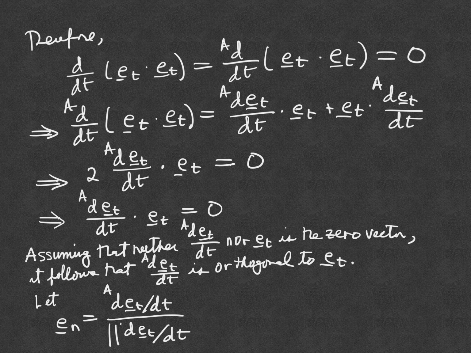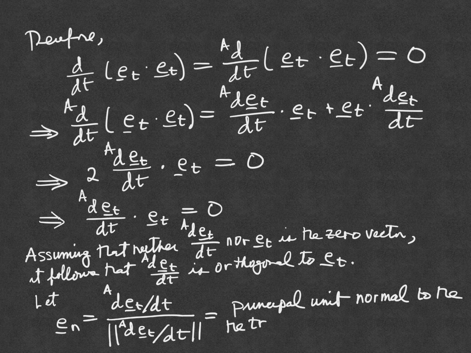And this vector is going to be defined as the principal unit normal to the trajectory of P relative to reference frame A.